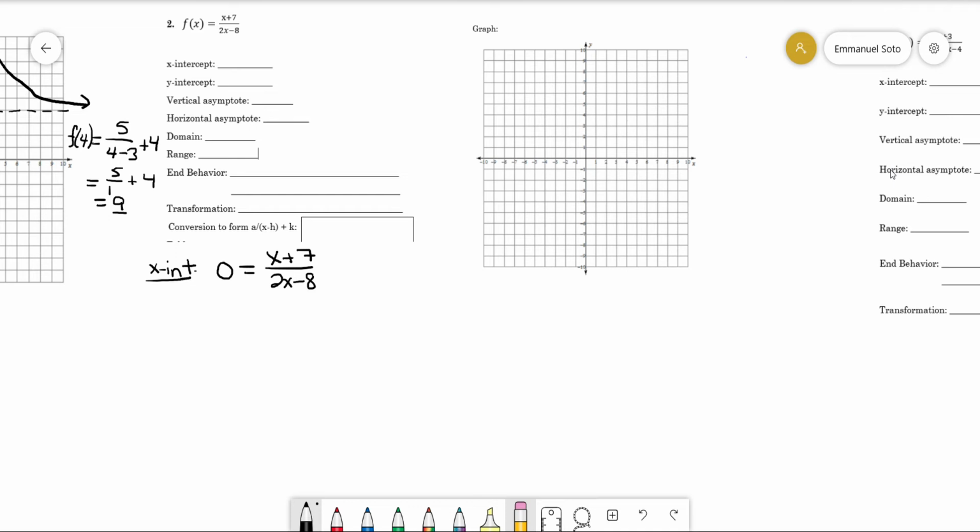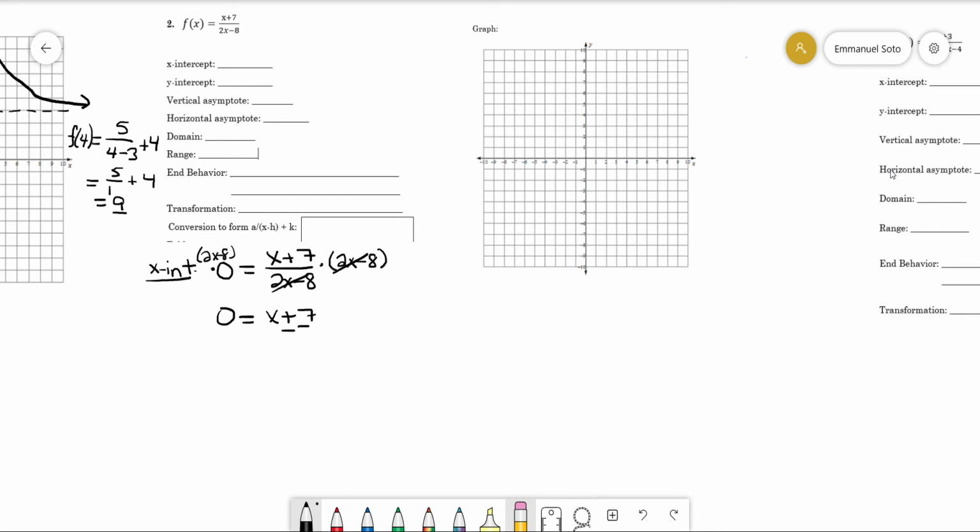To get rid of a denominator, you're going to need to multiply by it. Whatever you do on one side, you have to do on the other side. So we're multiplying here. 0 times anything is 0. One of the wonderful properties of 0. These cancel, and leaves you with x plus 7 on the right side.